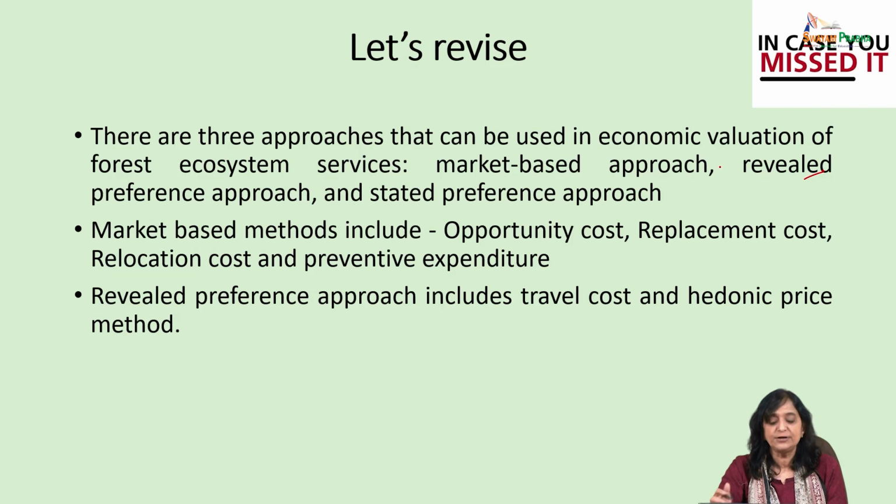Revealed preference had talked about indirect methods of valuation. There we had taken travel cost. We had in detail explained the zonal and total cost travel cost method. We did the hedonic price method, wherein we derived the price of a property, particularly in the housing market, and we try to decompose how environmental quality and quantity has an impact on the housing prices.